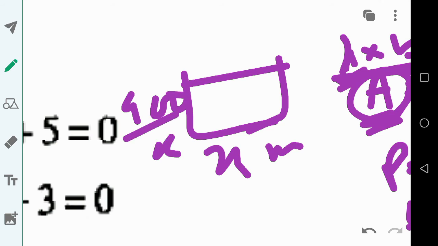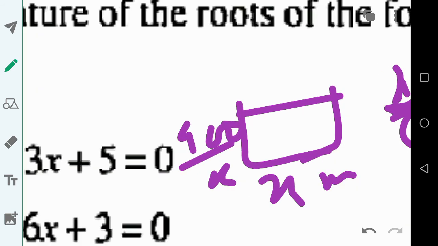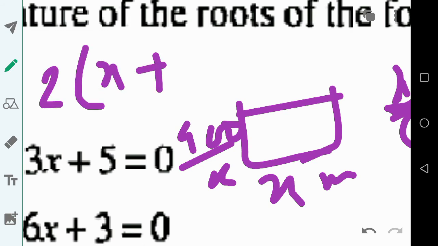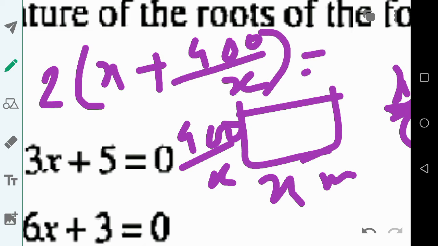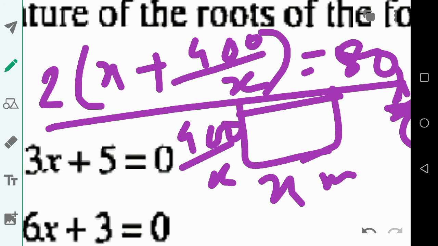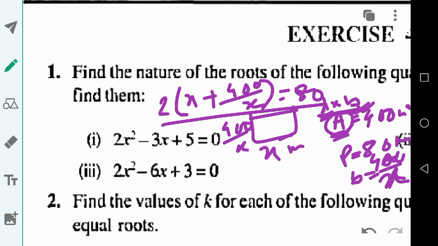And perimeter, we know, is 2 into (length plus breadth). Length is x and breadth is 400 by x, which is equal to 80 meters. It is given the perimeter is 80, and from this relation let us obtain the quadratic equation.